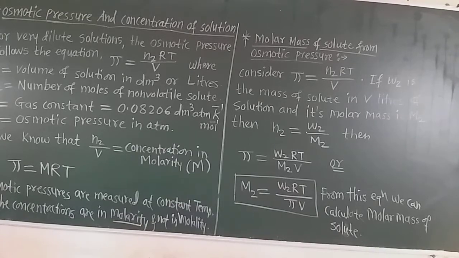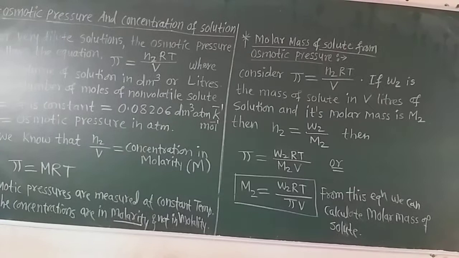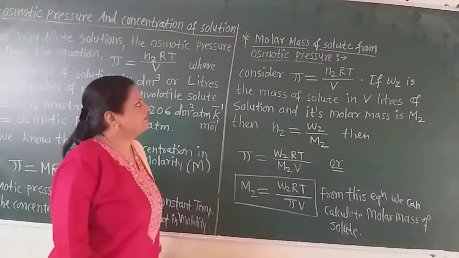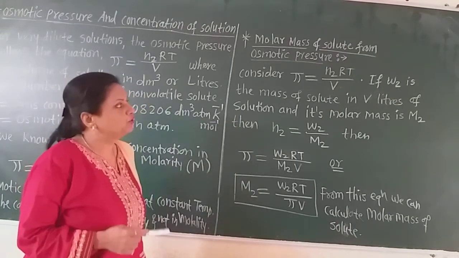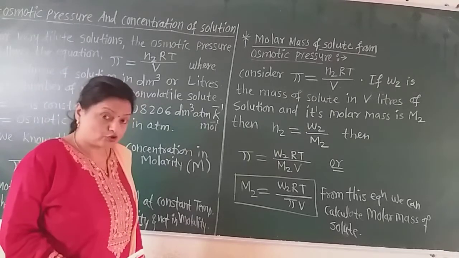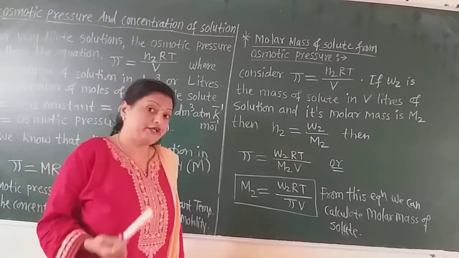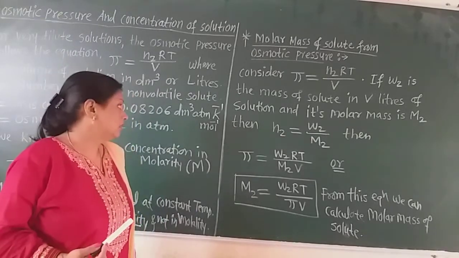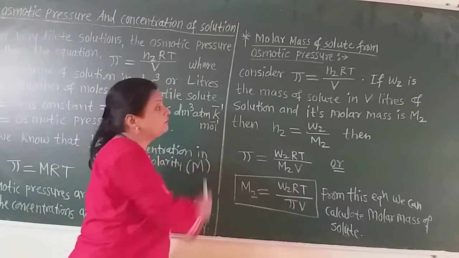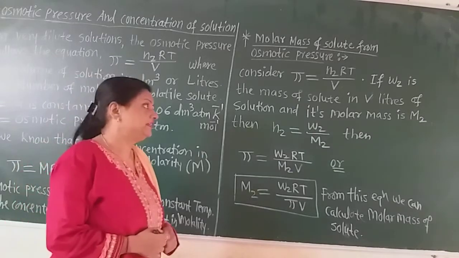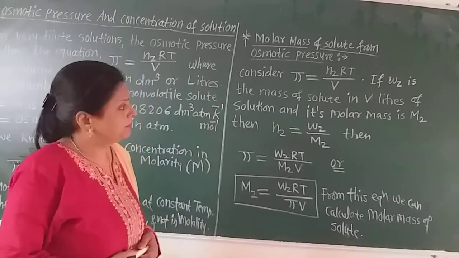Now again pay attention on the blackboard to see how we can calculate the molar mass of the solute from the osmotic pressure. Now we know the equation. Consider pi is equal to N2RT divided by V, where N2 is the number of moles of solute, R is the gas constant having the value 0.08206 decimeter cube atm per Kelvin per mole, T is the temperature, V is the volume in liters or decimeter cube, and pi is the osmotic pressure in atm.